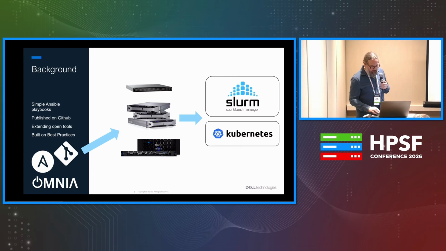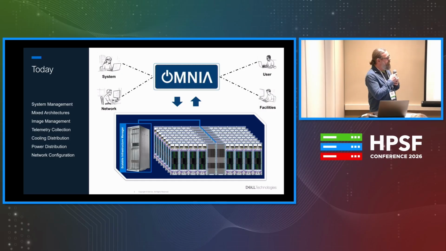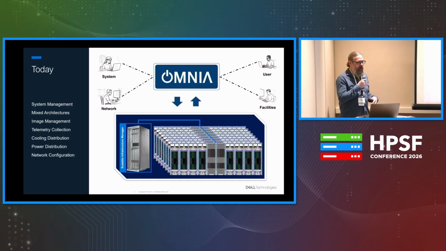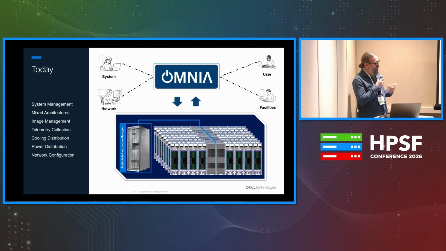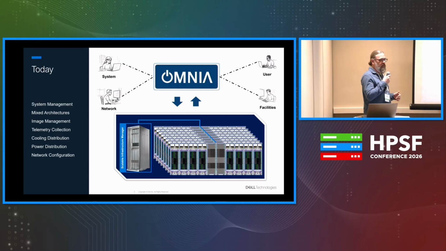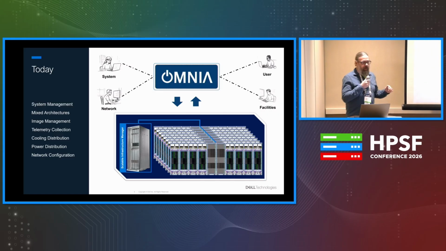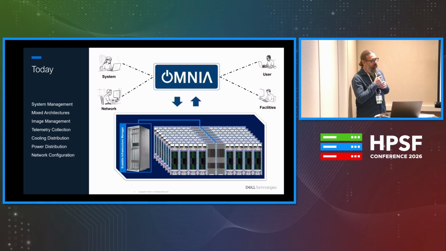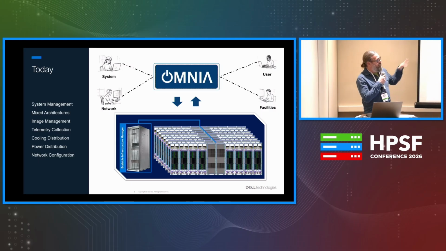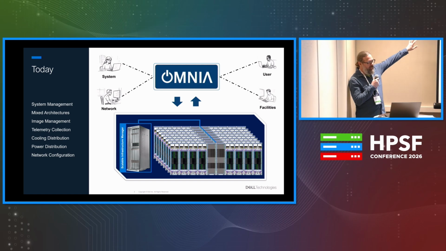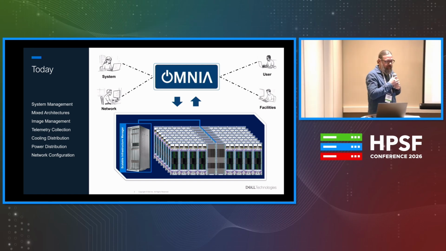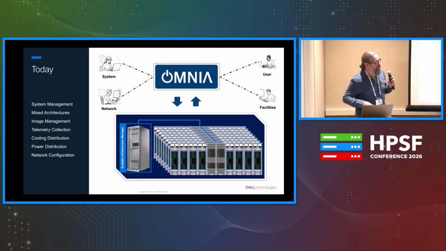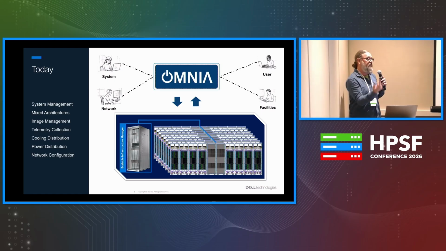Some people really liked it and wanted to build more out of it, so we continued to build off of where we started, and actually have a team of about 15 developers that work on this full time. We have a system using Omnia today that wraps around OpenCHAMI for managing our large-scale systems. It does full-scale system management, whether you're a system administrator, a network person, creating user environments, or the facilities person.